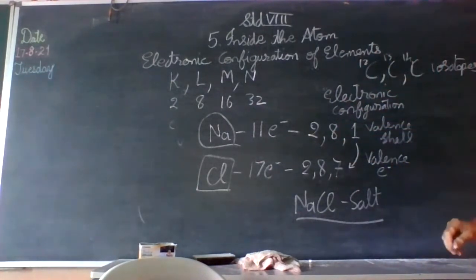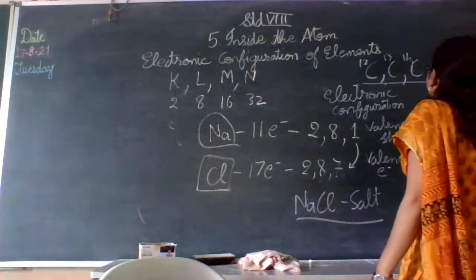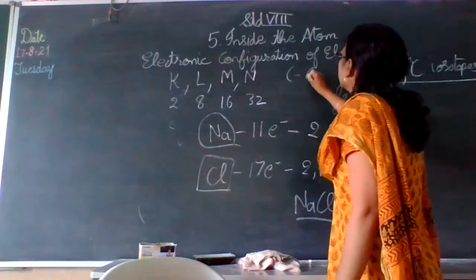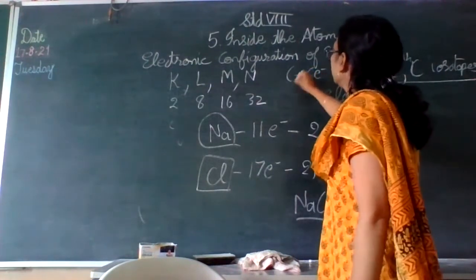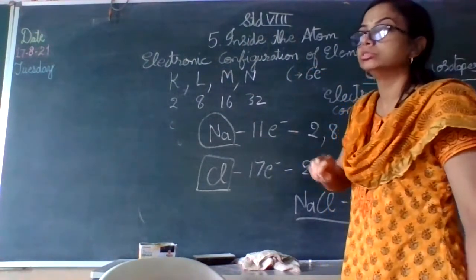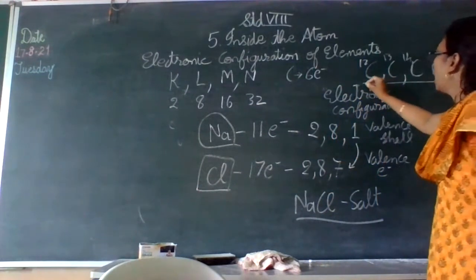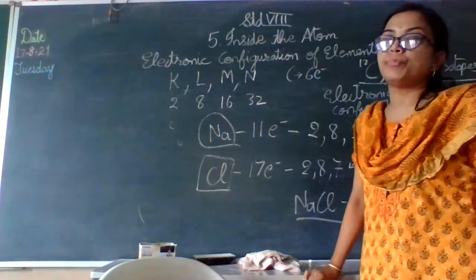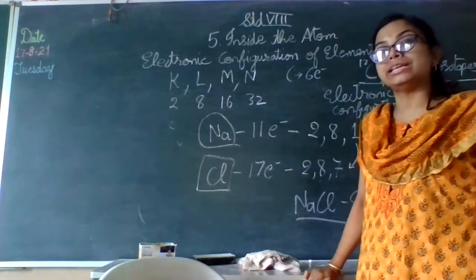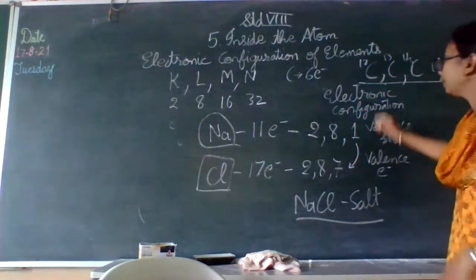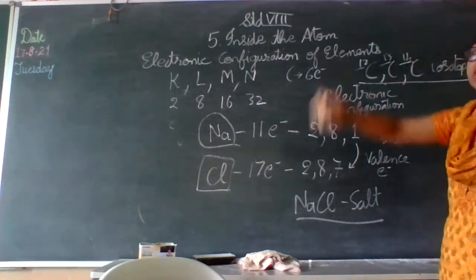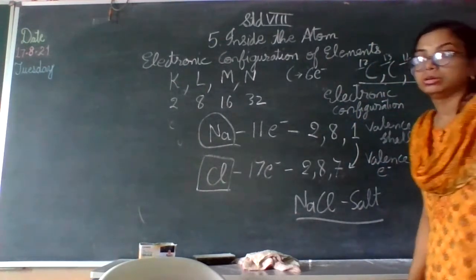of carbon. Okay, you all know that carbon has only 6 electrons in its atom, but the atomic mass number, the total number of protons and neutrons in the nucleus, is different in certain different atoms of carbon.